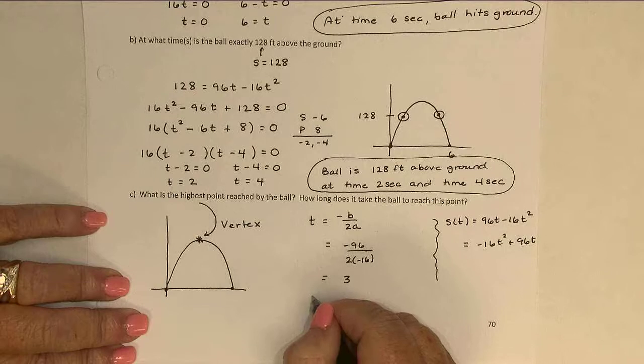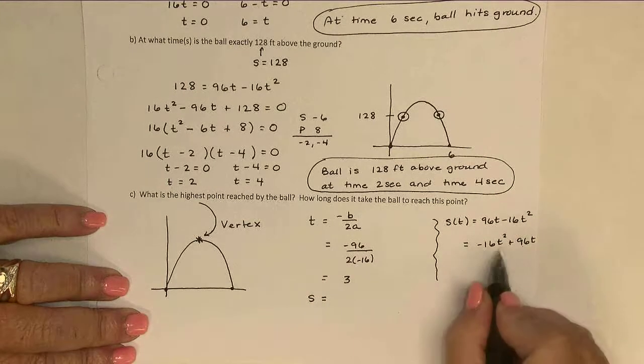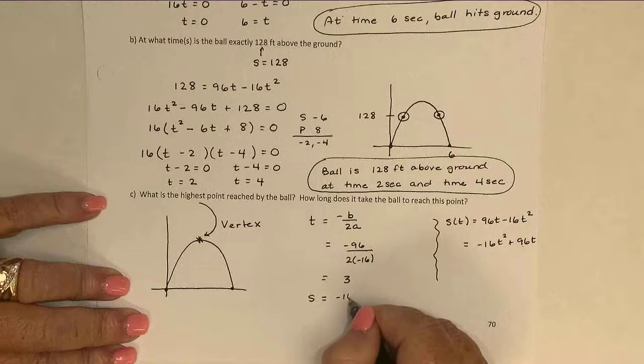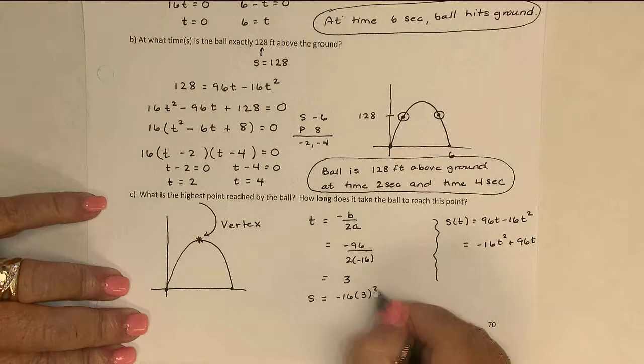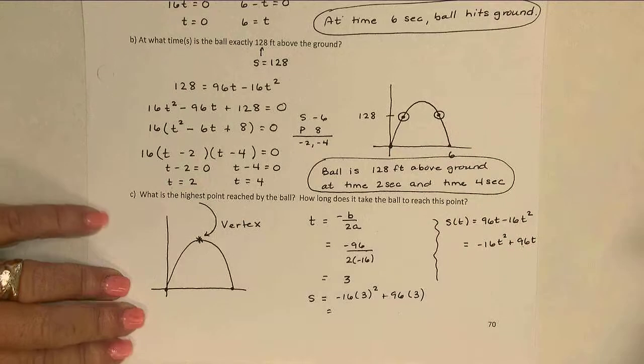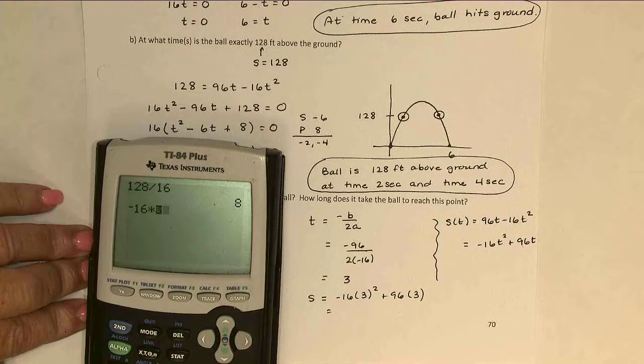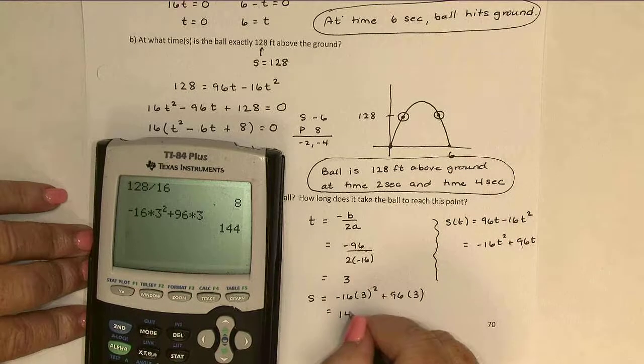To find the s value at the vertex, I'll just plug that 3 back into the function. And I'm getting 144.